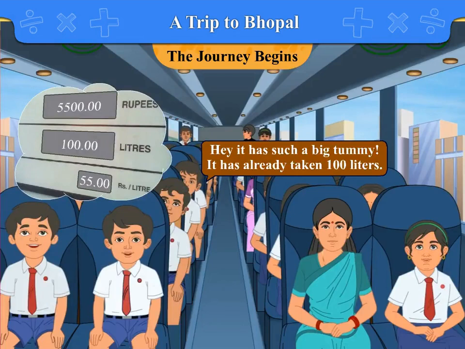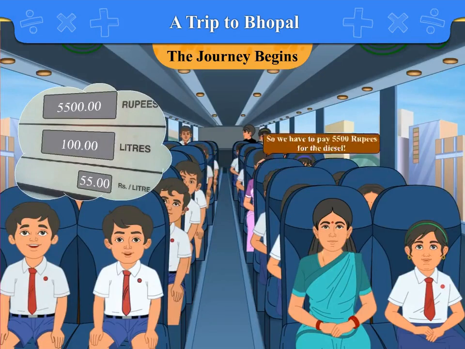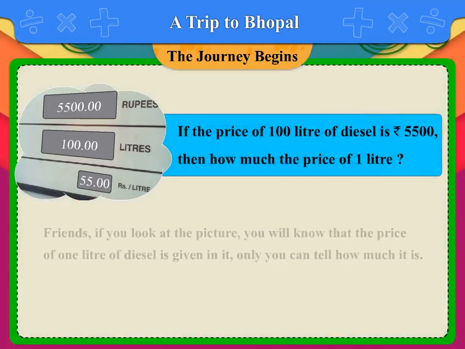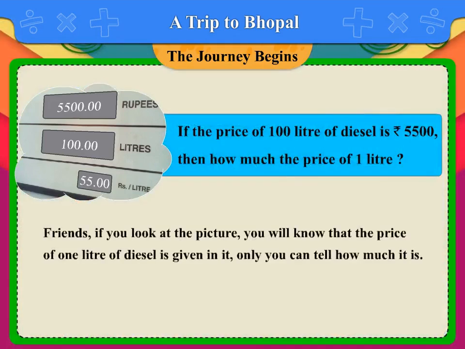"Hey, it has such a big tummy. It has already taken 100 liters." So, we have to pay 5,500 rupees for the diesel. Friends, if you look at the picture, you will know that the price of 1 liter of diesel is given in it. Only you can tell how much it is. Yes, it is rupees 55.